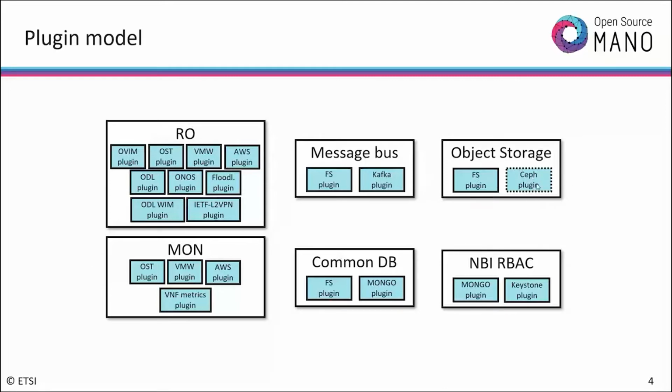For instance, you could have a Ceph plugin. For the common database, we store it in Mongo, but we could store everything in file system. There was also a plugin for that, also useful for development. And for the NBI, we could manage all the permissions through Keystone, or we could manage directly from Mongo. Those are the options that we have.